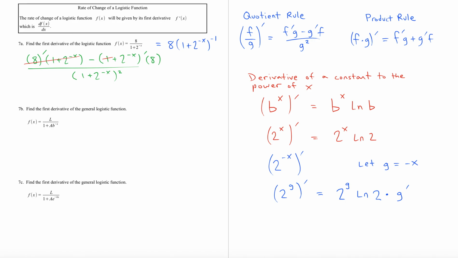So after rewriting it, we'll get 2 to the negative x ln 2 times the derivative of g, which is just simply a negative 1. Okay, so that's what needs to go in our numerator.